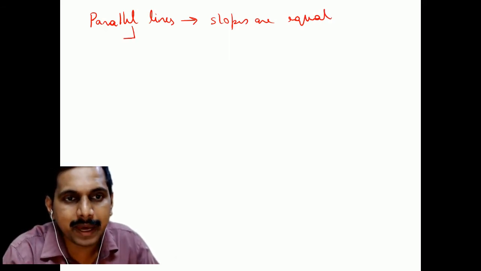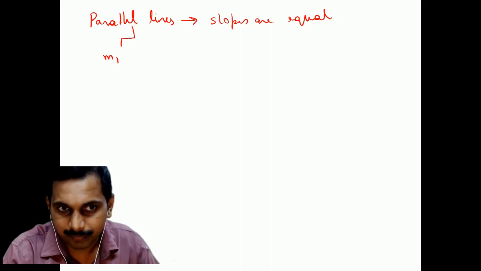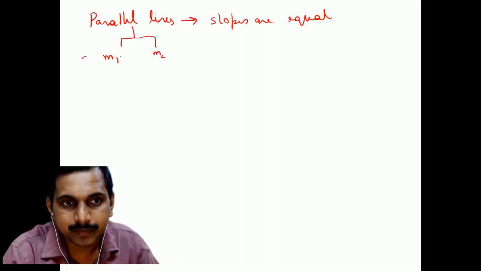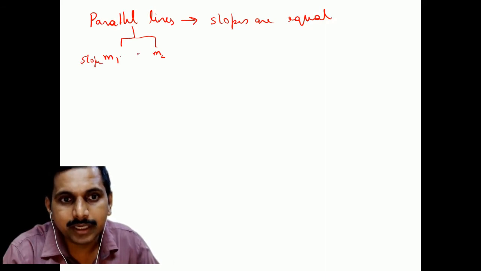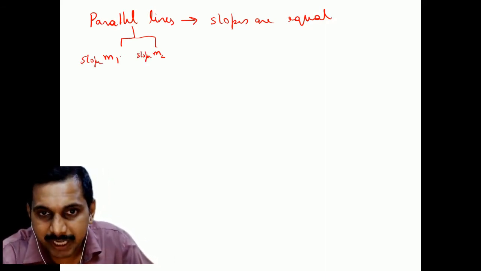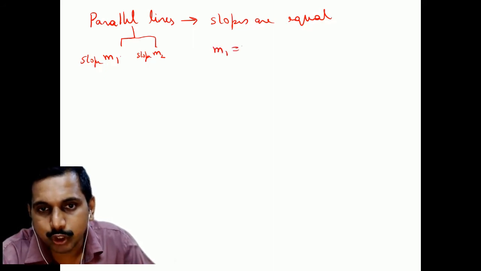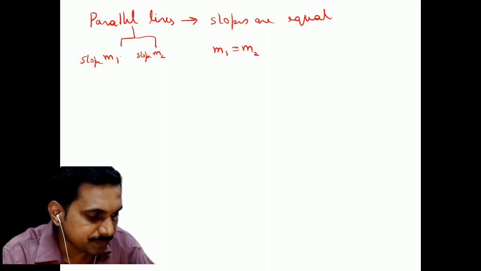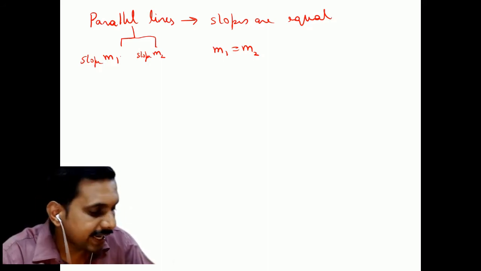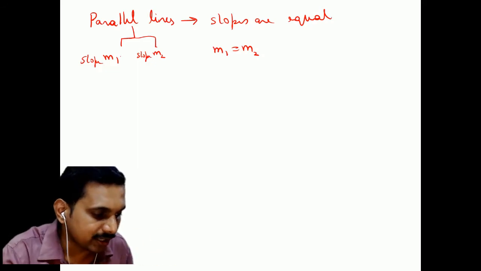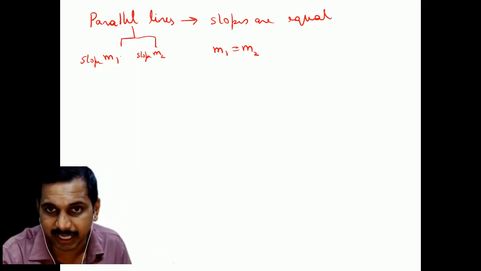If I say the parallel lines have slopes m1 and m2, then m1 should be equal to m2. What are m1 and m2? These are the slopes. How do you get slope? In terms of tan theta only. Slope is always tan theta, keep that in mind.